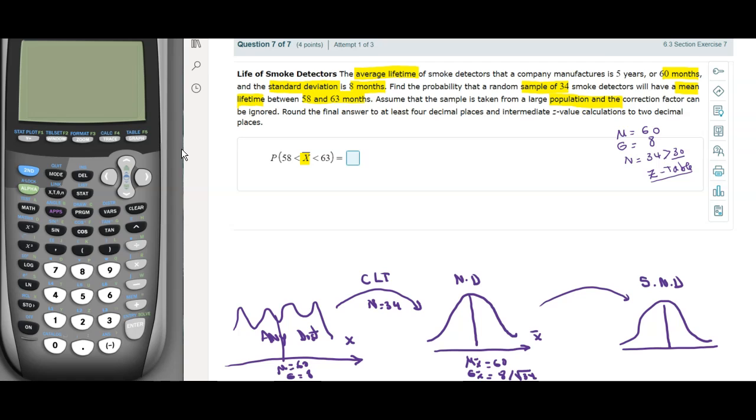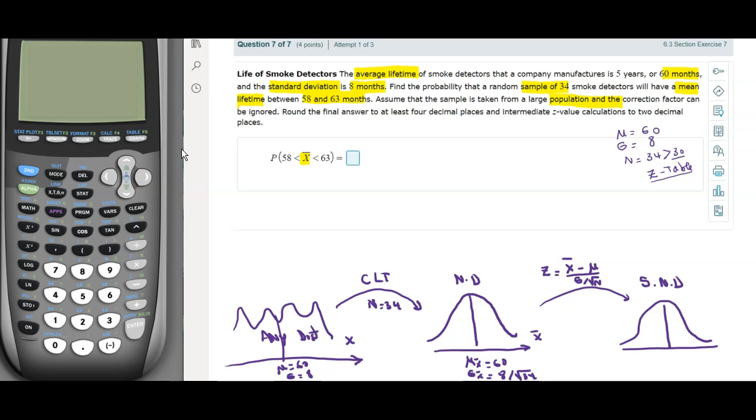To get there, we standardize with the formula: z equals x bar, the values from the previous distribution, minus the mean of the previous one, mu x bar, which is the same as mu, 60, and then divide by the new standard deviation, sigma x bar, which is the old sigma divided by radical n.